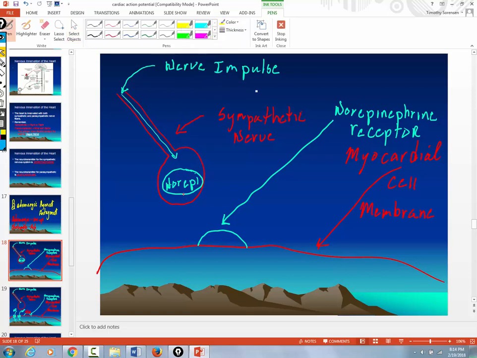Norepinephrine, released through the process of exocytosis, floats through the synaptic trough. I'm using big terms today. And norepinephrine binds to norepinephrine receptors on the myocardial cell membrane. See how nice the drawing is? The inside of this cardiac cell looks like a mountaintop.